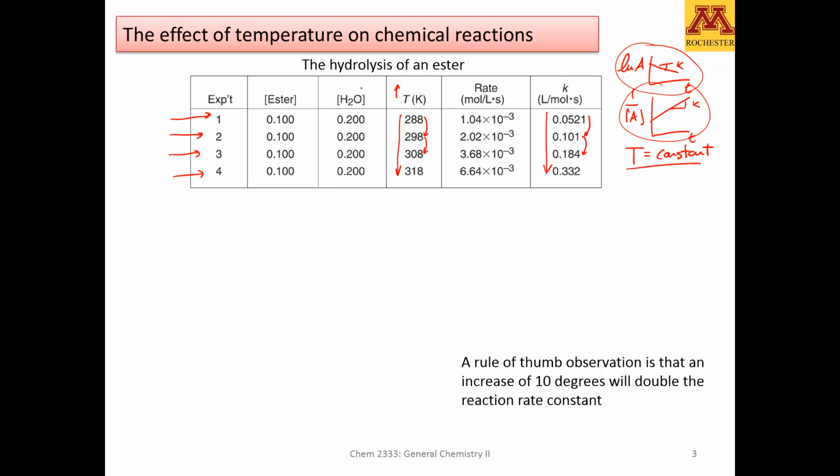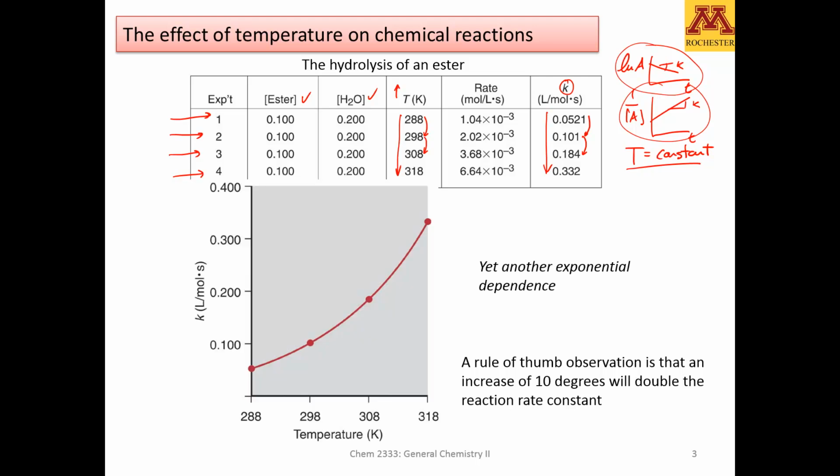Notice that the concentrations of reactants in here are all the same. Based on the units of the kinetic constant, this is a second order reaction, but there is a very strong dependence on temperature. So what kind of dependence is that? Well, as you can see, if just by increasing the temperature 10 degrees the kinetic constant doubles, that's yet another exponential dependence.